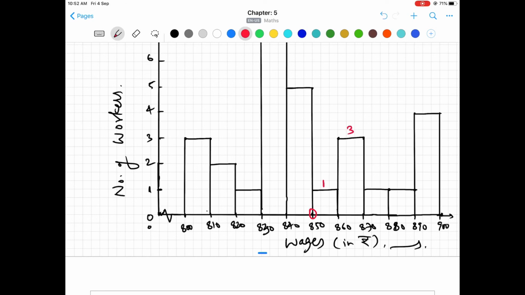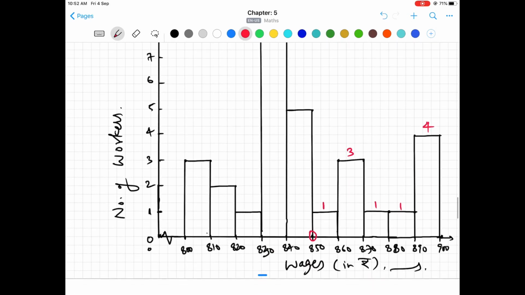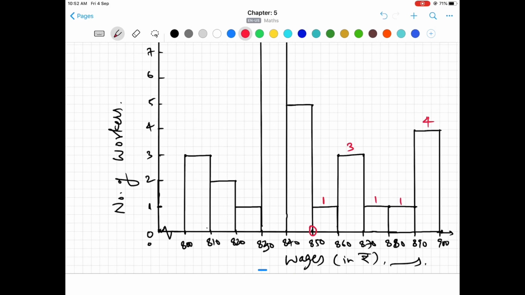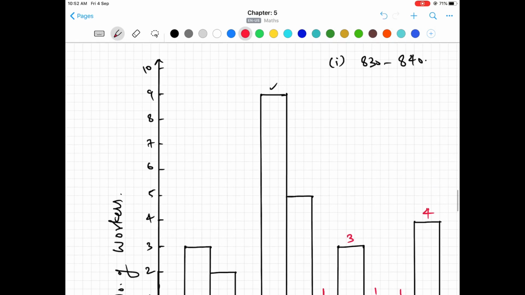Here we have 1, 3, 1, 1 and 4, so 850 and more is 1 plus 3 is 4, 4, 5, 6, 6 plus 4 is 10. So the answer is 10 workers.